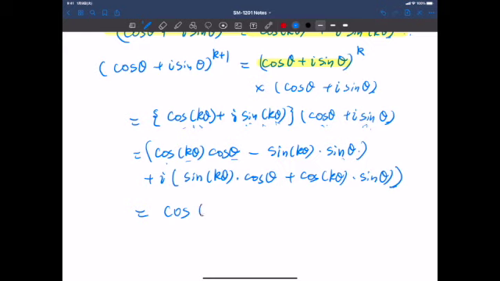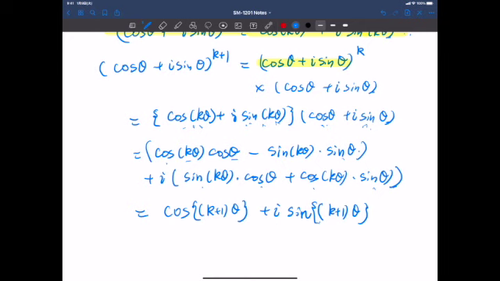So that is cosine k plus 1 theta, and so that's the real part. And the imaginary part is sine cos sin, so that's sine k plus 1 theta.